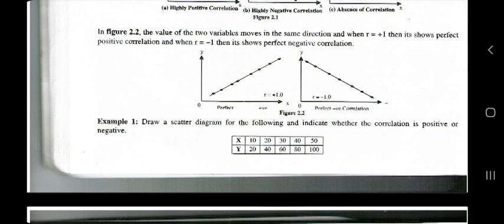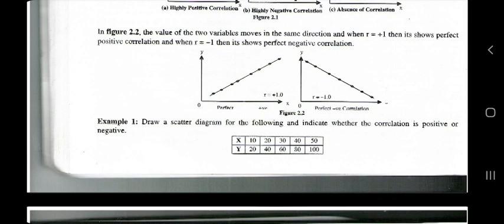Now there is an example. Draw a scatter diagram for the following and indicate whether the correlation is positive or negative. So just see here first, 10, 20, 30, 40, 50. It is increasing data, and the second one is also increasing data because 20, 40, 60, 80, 100.